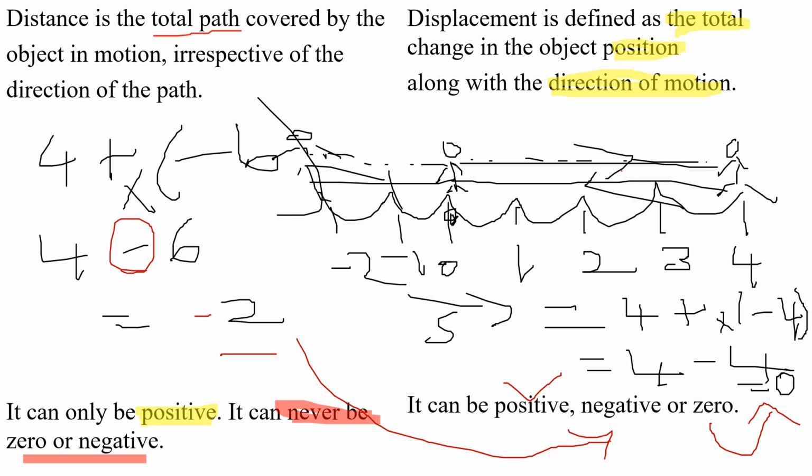If we consider that the previous person moves and stops at 4, displacement is 4, distance is also 4, but when it moves back again and reaches the same point in the straight direction, the sign becomes opposite. Plus 4 becomes minus 4. 4 minus 4 is 0. When a body starts from a point and comes back to the same point, then the displacement will be 0.